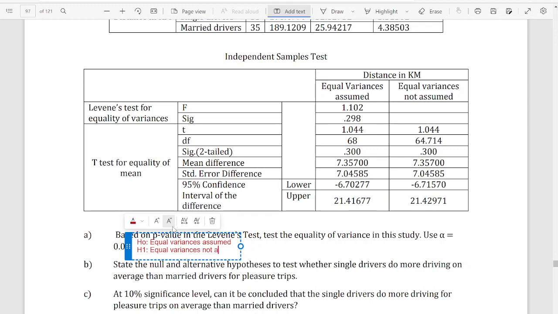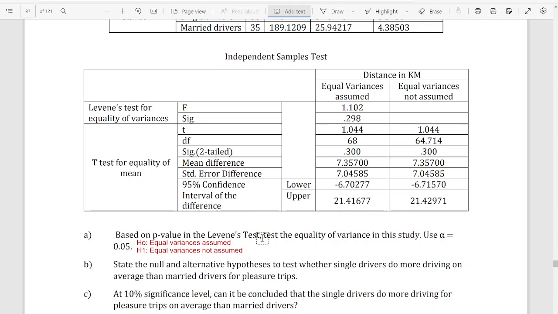Okay, kita ambil balik yang atas tu. Okay, so that is basically the hypothesis. So using the Levene's test p-value, you need to determine whether the equal variance is assumed or not assumed.